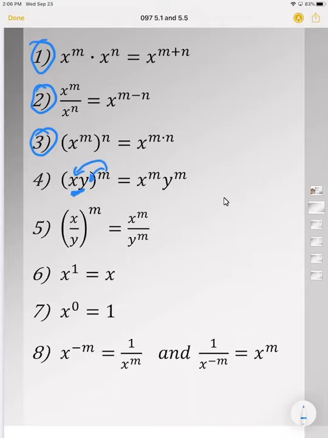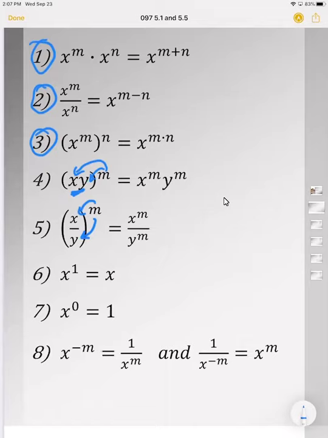If it's x times y, which is the product, all we did was distribute our exponent to the x and to the y. Versus number 5, the quotient raised to the power. Similarly, x and y are different bases, so you cannot subtract them. All you do is distribute the exponent in.